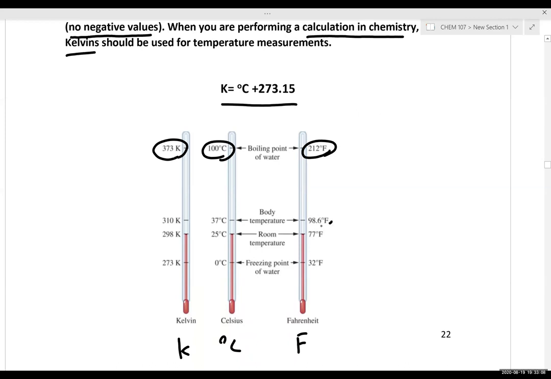Body temperature of 98.6 is 37 degrees Celsius and 310 Kelvin. Freezing point of water is 0 degrees Celsius, 32 Fahrenheit, and 273 Kelvin. And room temperature is around 77 degrees Fahrenheit, 25 degrees Celsius, and 298 Kelvin.